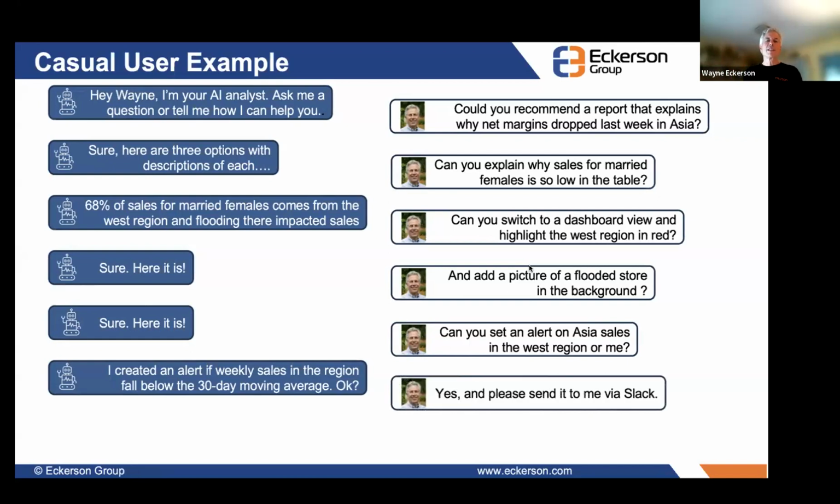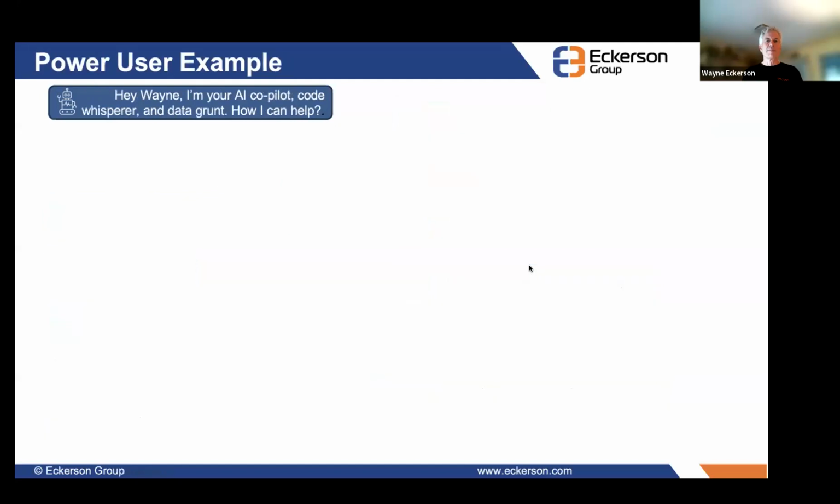Yes, and please send this to me via my Slack channel. Will do. All right, so this is an example of a conversation you might have where the AI bot is activating functions within the underlying BI tool in which it's embedded.